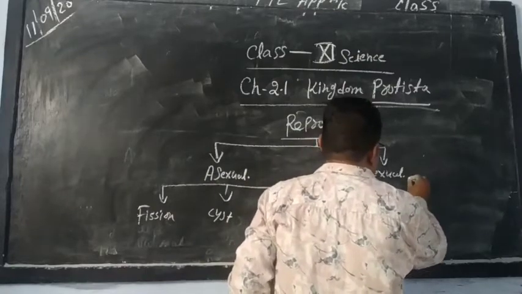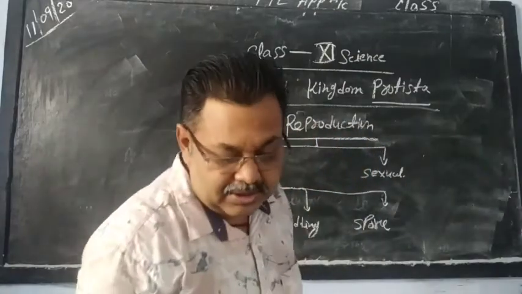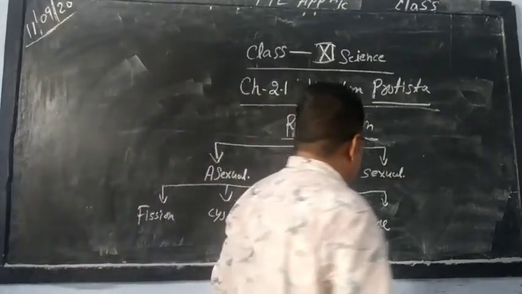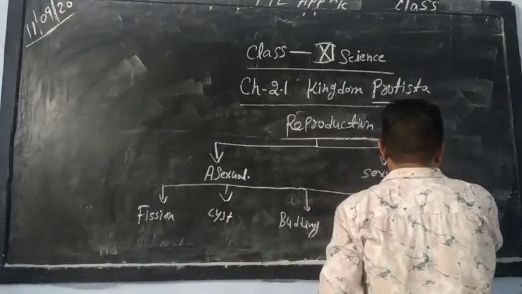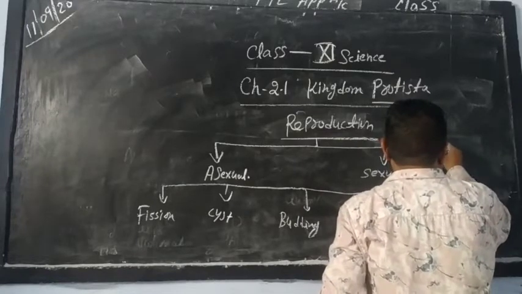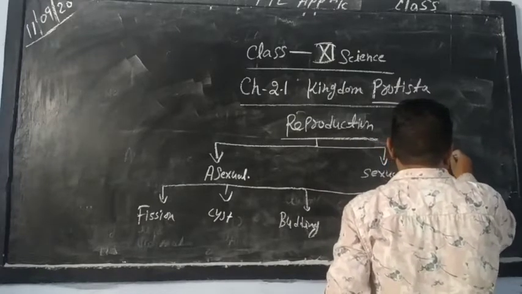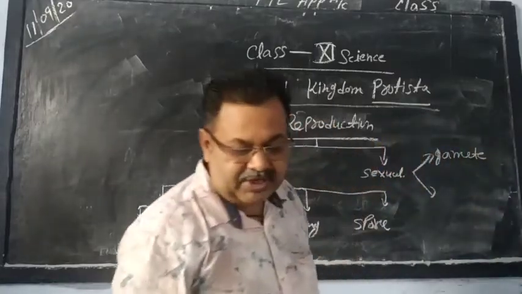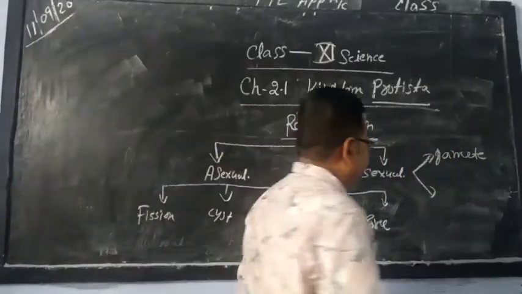Sexual reproduction may be by the formation of gametes. It may be of two types: by the formation of gametes, and second one is conjugation.